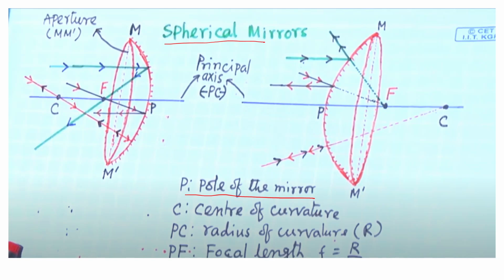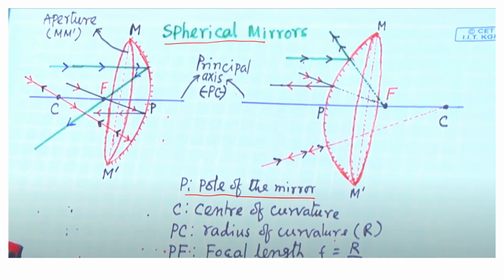This CP, or PC, is the radius of curvature, denoted by capital R, because it's like the radius of the sphere. Half of it is called the focal length or focus.